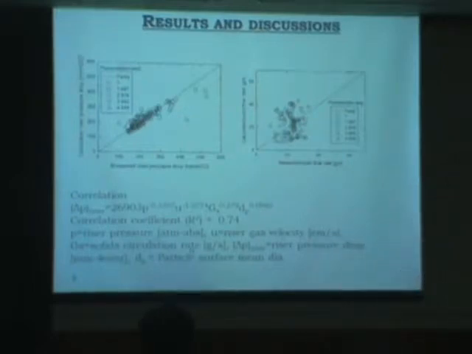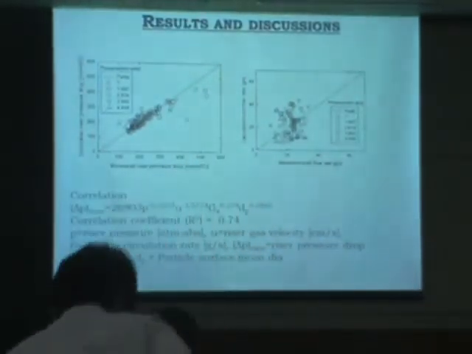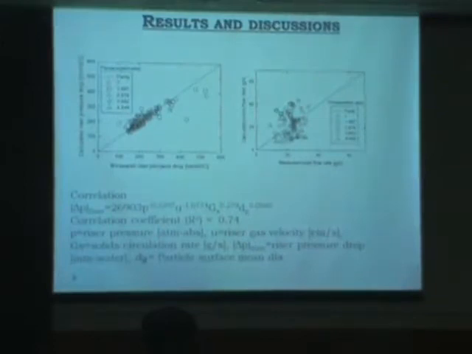Here G is the solid circulation rate, delta P is the riser pressure drop, P is the pressure at the bottom, and Vt is the particle terminal velocity. I think it is because many parameters were included in the equation. That's why we need to modify this relationship further, by considering fewer parameters.